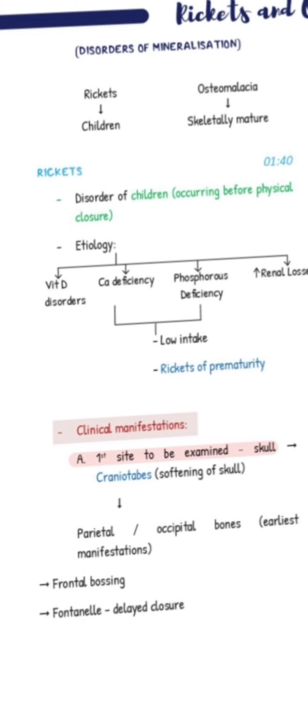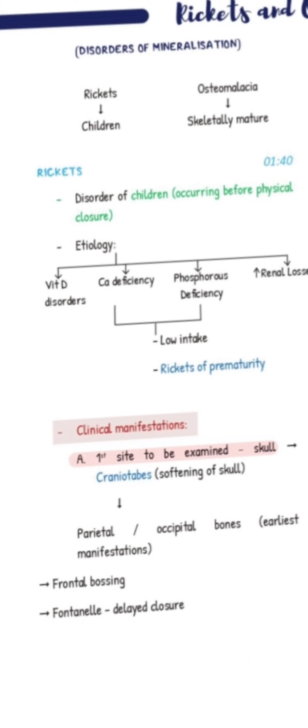Rickets is a disorder of children occurring before the epiphyseal closure. So what are the causes? The cause is vitamin D disorder, calcium deficiency, phosphorus deficiency. Calcium deficiency and phosphorus deficiency will happen in children because of low intake.